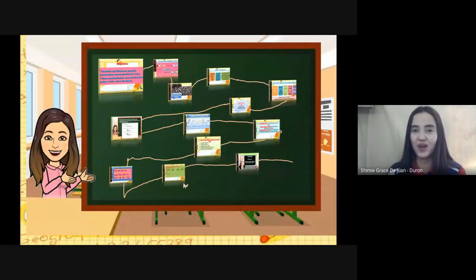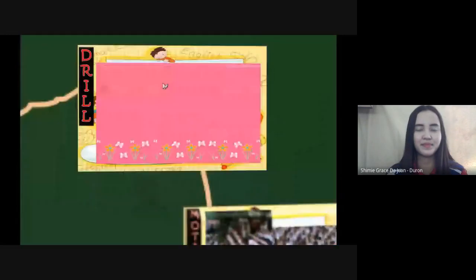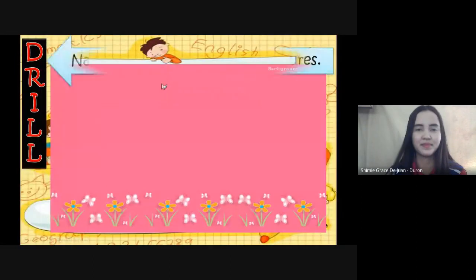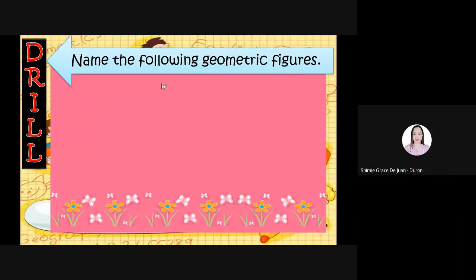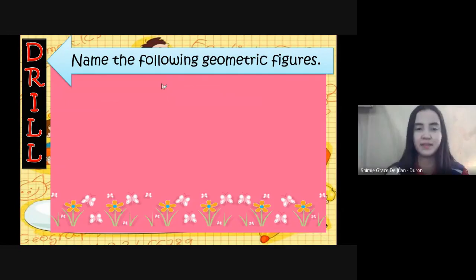And now, let's have a drill. Name the following geometric figures. Okay, class, can you answer this? What is this? Can you guess? You're right.